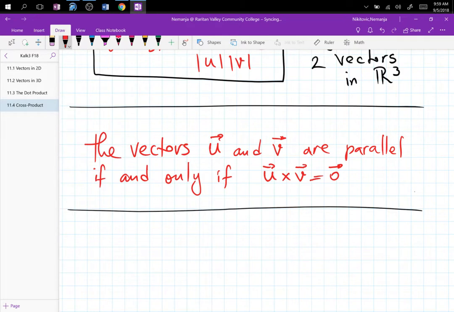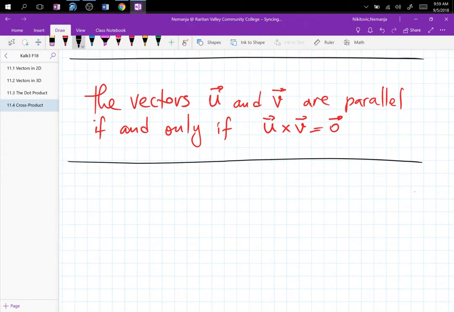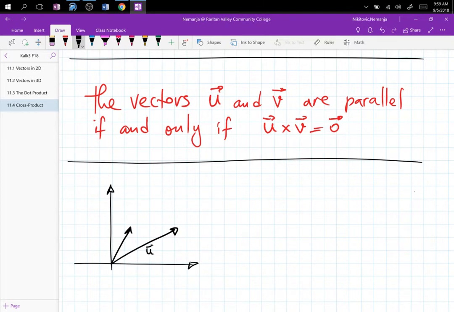Now, when you have two vectors u and v, they define a parallelogram. So let's say these are your vectors u and v.